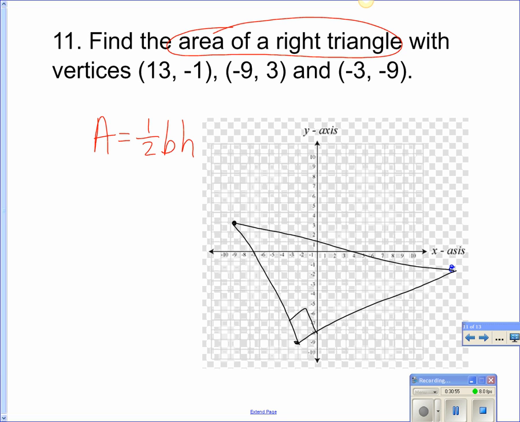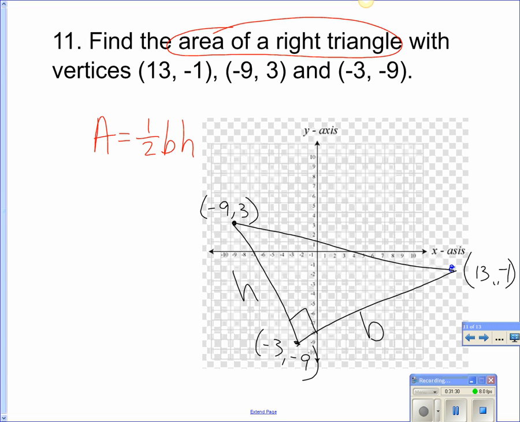The two sides that make the box are always your base and your height. Okay? All right, so Jack, what point is this one down here? If I'm going to label it, what point is this? Good. So Mary, what point is this? And this one is 13, negative 1.